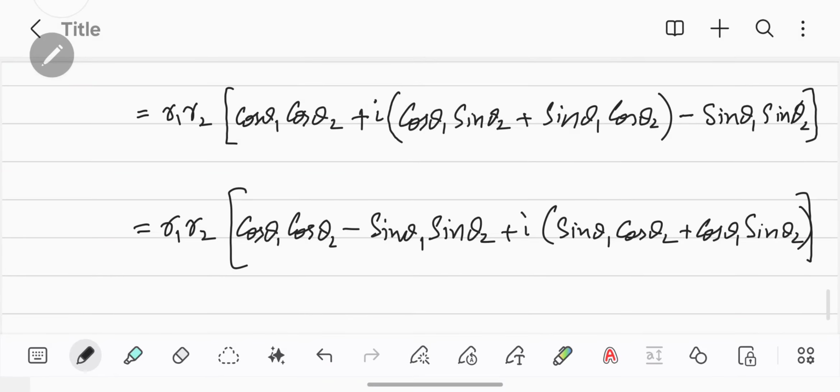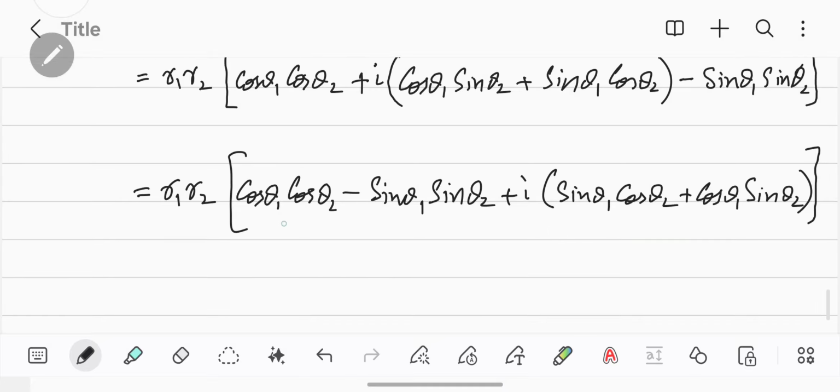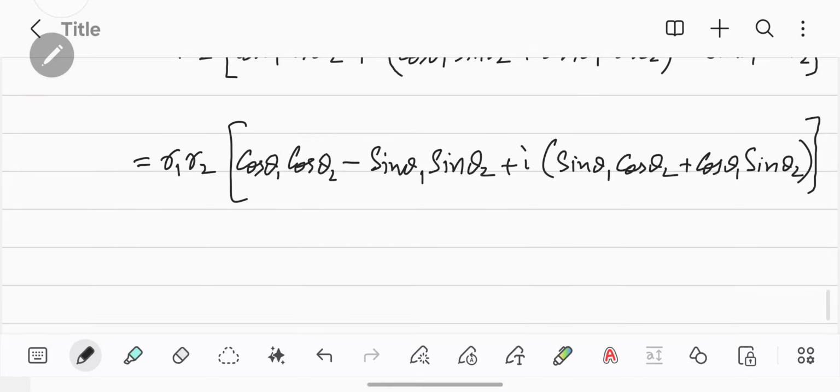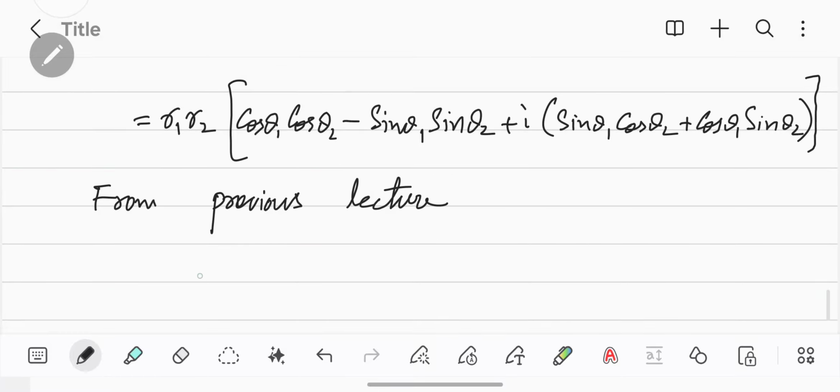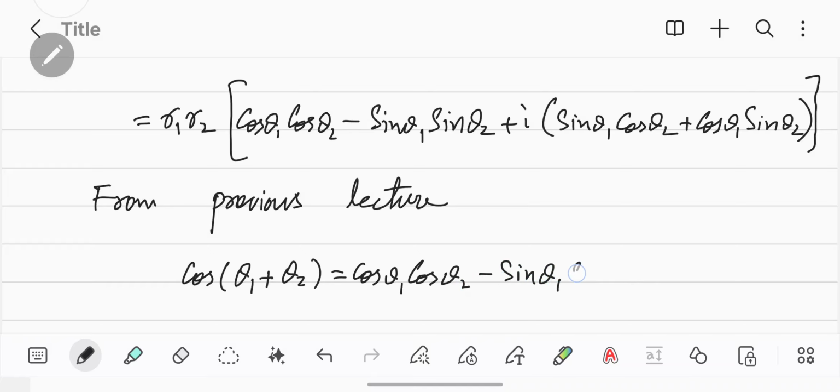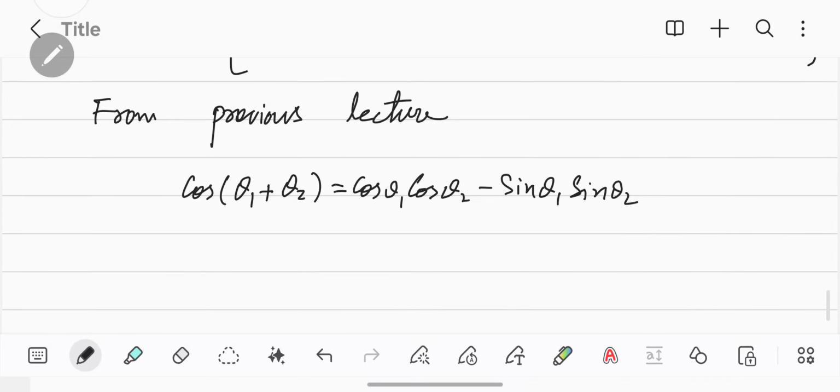This is what we have rearranged, right? Now if you check my previous video, we have proved that cosine of theta 1 plus theta 2 is equal to cosine of theta 1 cosine of theta 2 minus sine of theta 1 sine of theta 2.